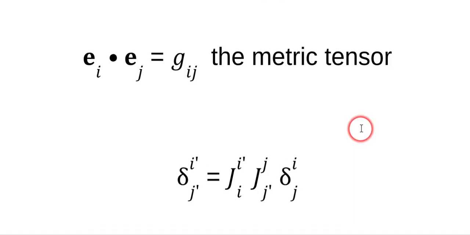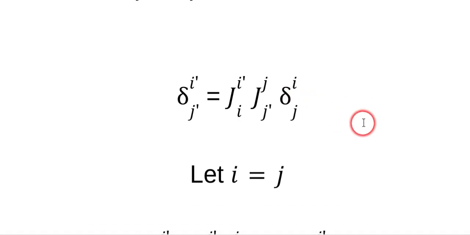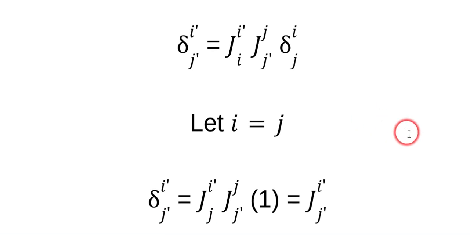Okay, so let's let I equal J. So everywhere there's an I, I'm going to replace it with a J. And I get this. So here, if I equals J, we've got J J, and that's just 1. Else it's going to be 0, so we've got 0 equals 0, and that's really not much fun.